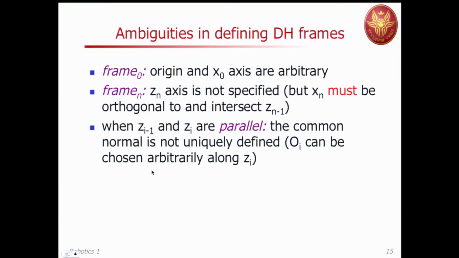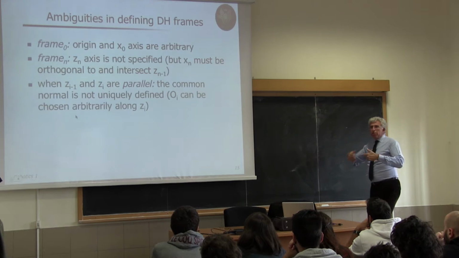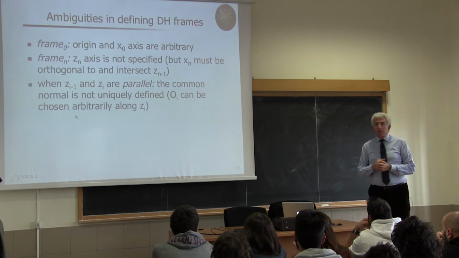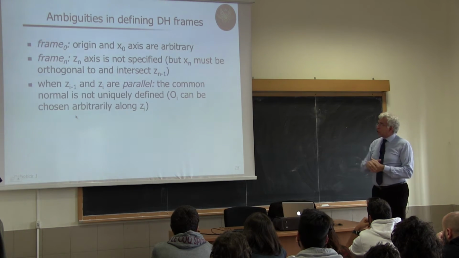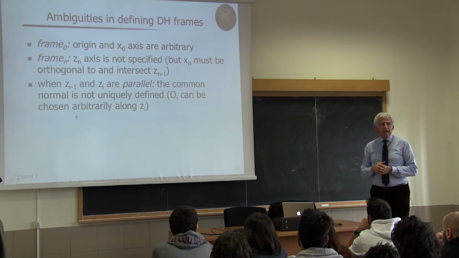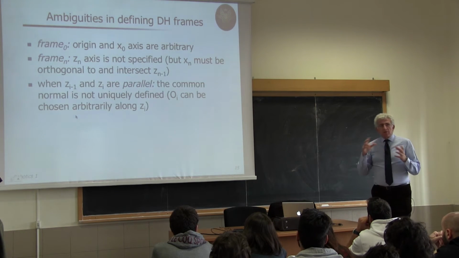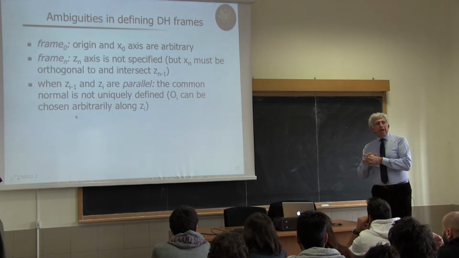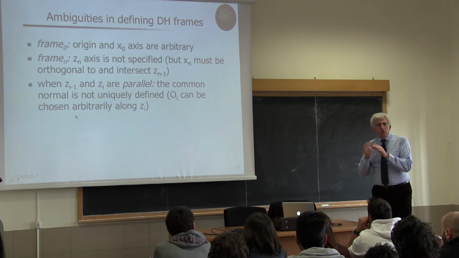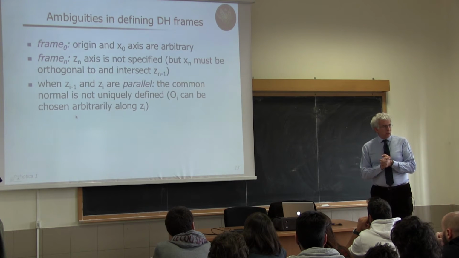Okay. Then there are more subtle ambiguities. For instance, when 2 consecutive joint axes are parallel, we know that we place on top zi minus 1 and zi, if these are joint I and joint I plus 1. And the common normal is not uniquely defined, so there's no point of intersection, or we can define the point of intersection where we wish. So this origin OI can be chosen arbitrarily. And we typically try to define the frames, when we have some degree of freedom, so as to eliminate as many parameters as possible.